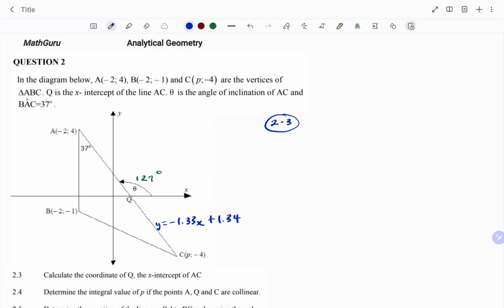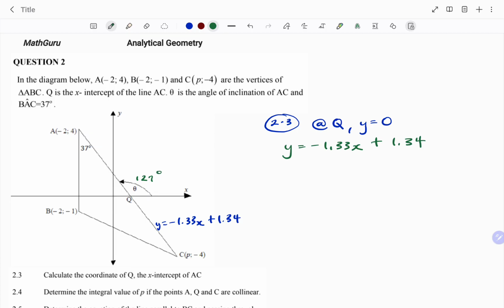The next question says, calculate the coordinates of Q, the x-intercept of AC. So therefore, note that at Q, the value of y, because that's the x-intercept, is equal to 0. So because I know the equation of the line AC, I'm going to use that. The equation of the line from my previous calculation is y equals -1.33, or -1,33 depending on where you're watching from, the point and the comma mean the same, that's the decimal point, plus 1.34.